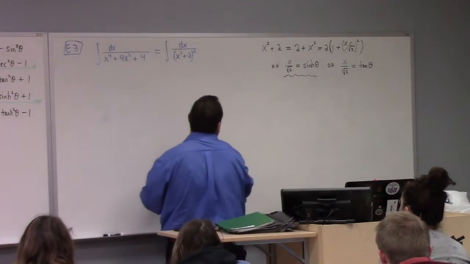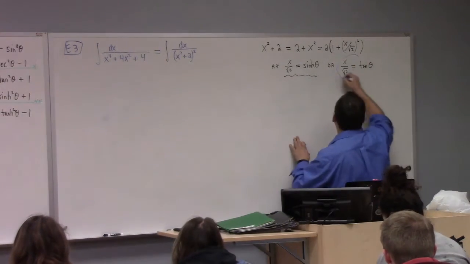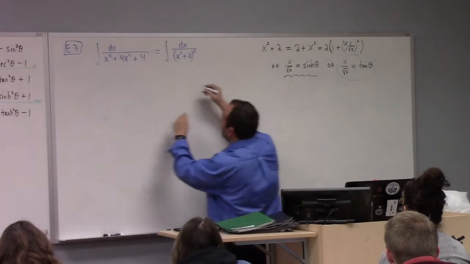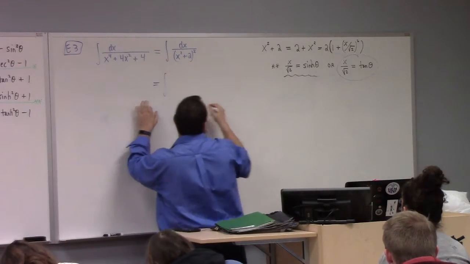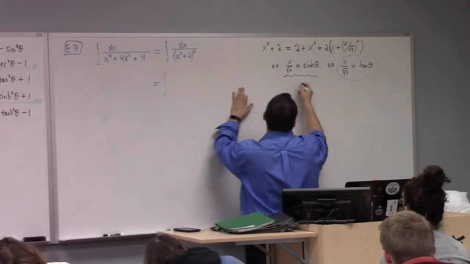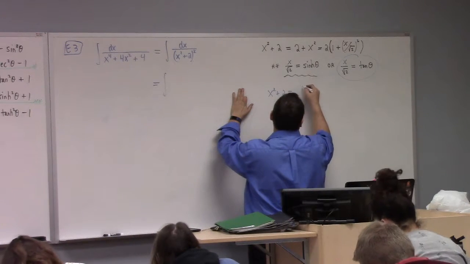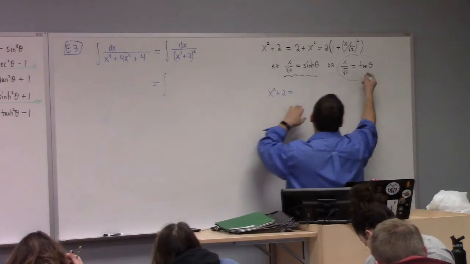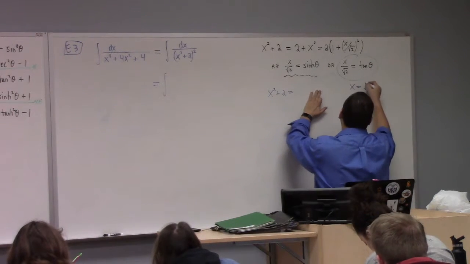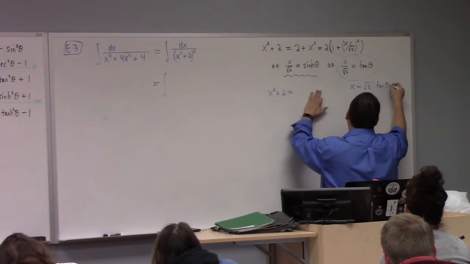Okay, so we decided that we're going to do this one. If we do that, what do we got here? So x squared plus 2 is equal to, another way of writing this would be what? x is equal to the square root of 2 tangent theta, right?